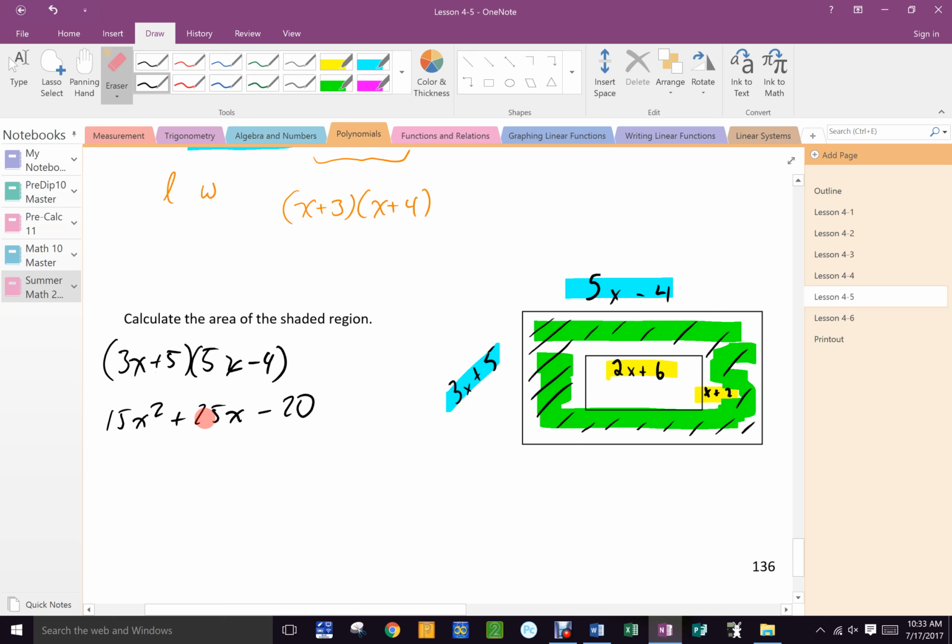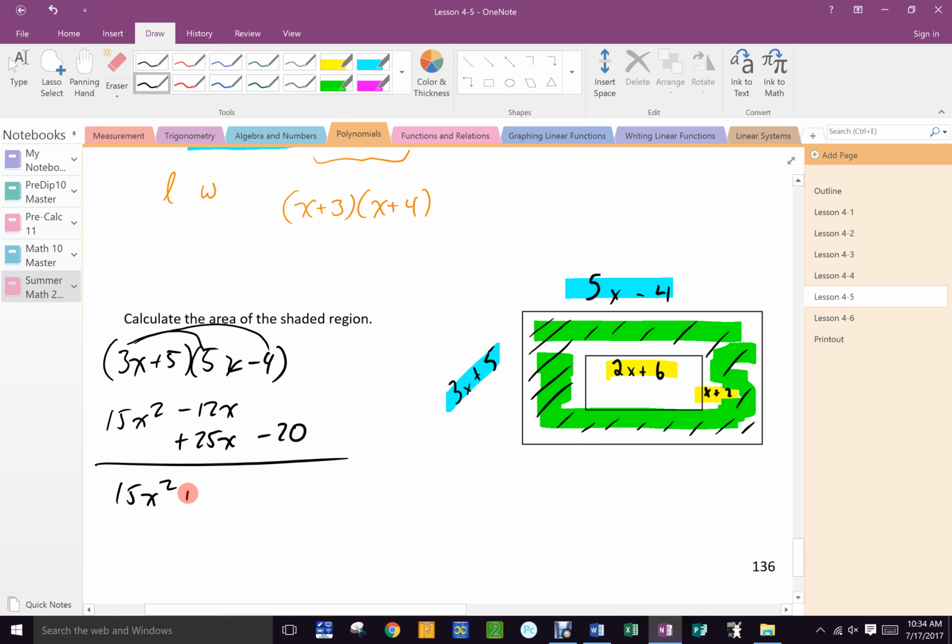No, it's not 25x, you guys. Wait, what? 15x squared minus 12x plus 25x minus 20. 15x squared plus 13x minus 20.